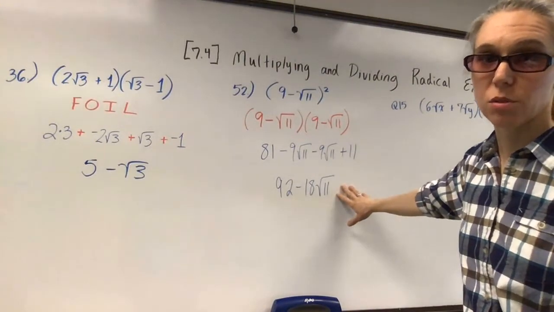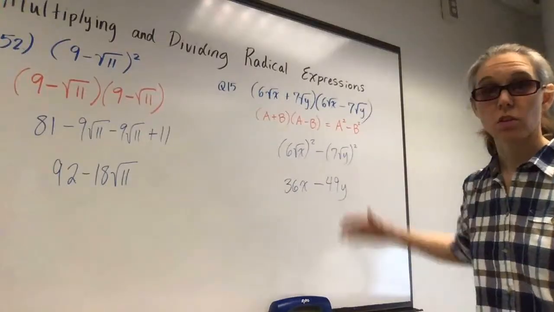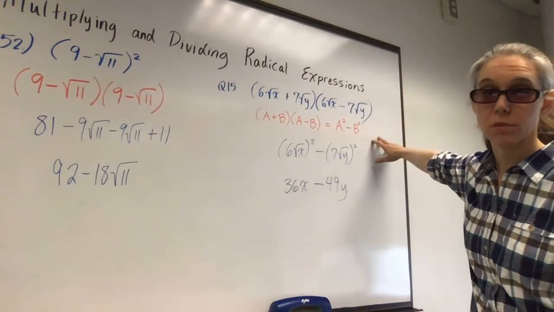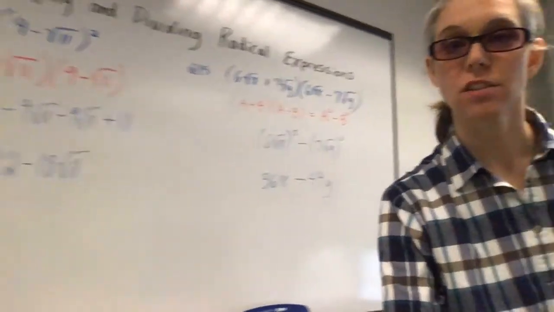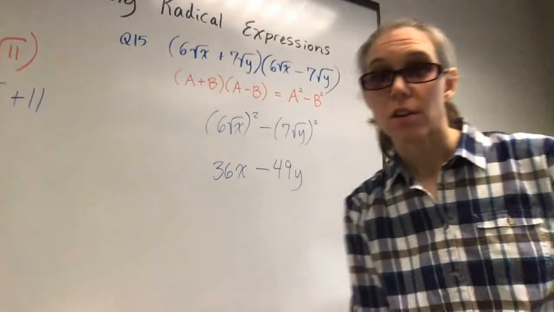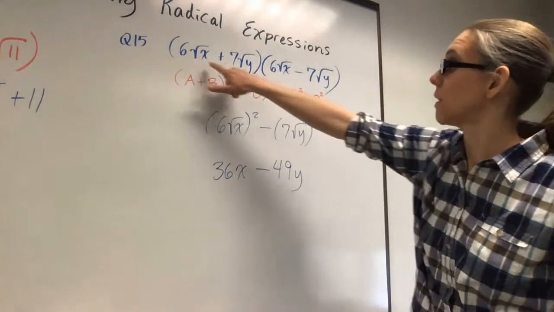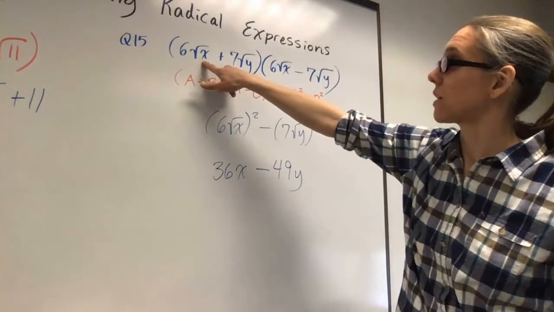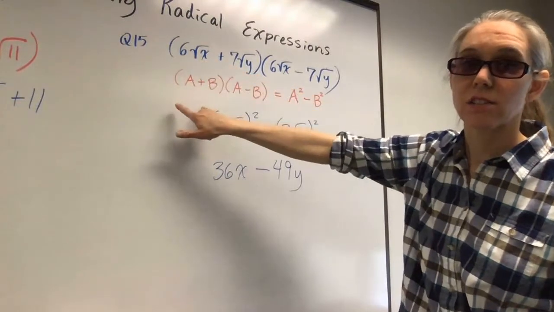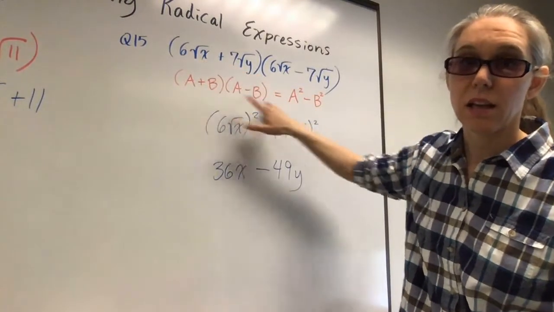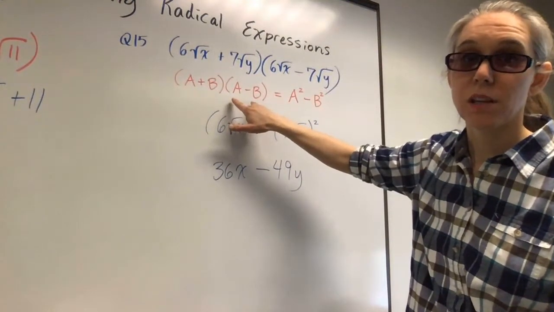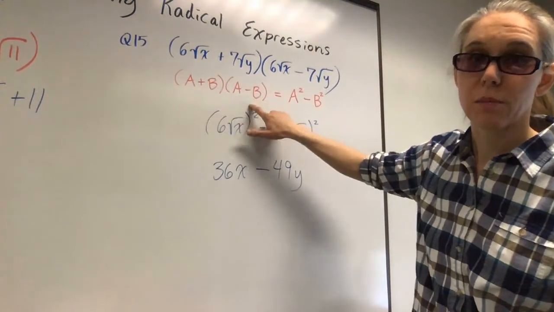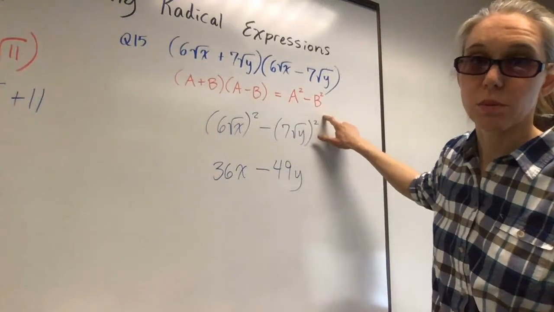Okay, next comes question number 15. You can use FOIL for number 15, but it's better if you can identify that we actually have a difference of squares. Notice that the first expression, 6 root x plus 7 root y, matches a plus b, and the second expression matches the form a minus b, and a plus b times a minus b is a squared minus b squared.